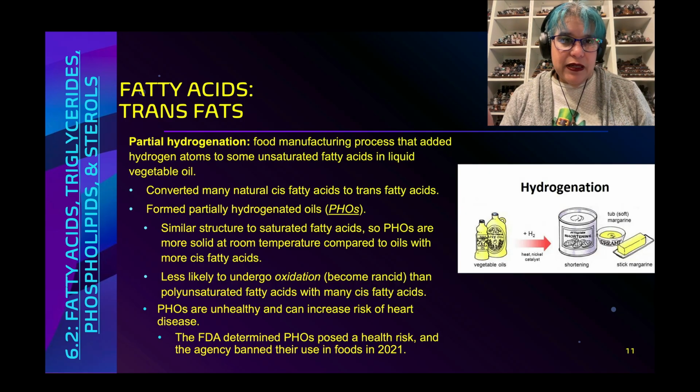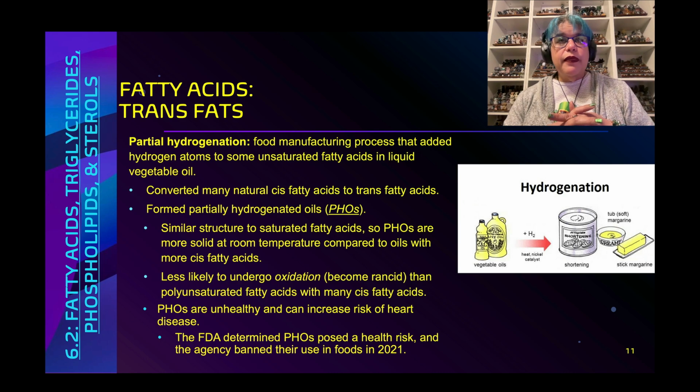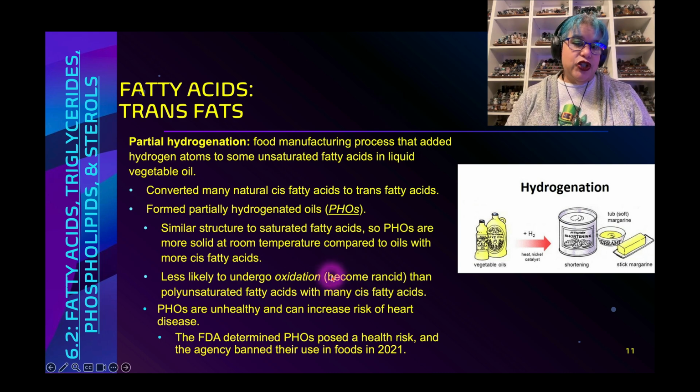Why did they do this? Well, what this ultimately did was make them less likely to undergo oxidation. Oxidation becomes an issue because when food or these oils oxidize, they actually become rancid. They go bad. So when you get them into this trans configuration, they actually have a longer shelf life.